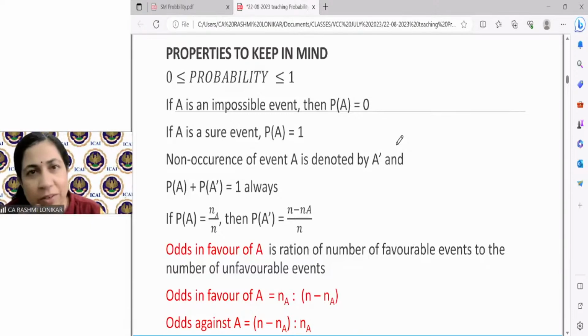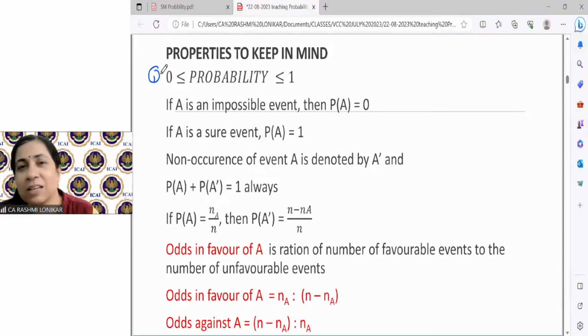Probability value. Whenever you calculate a probability value, it is going to lie between 0 and 1. This is very important, because if you're getting 1.5 as probability, you will see that you have made a blunder somewhere, since probability cannot exceed 1. You cannot be more than 100% of something. We may say 200% sure among friends, but that is not actually possible.